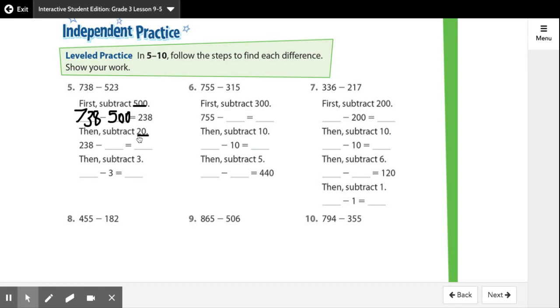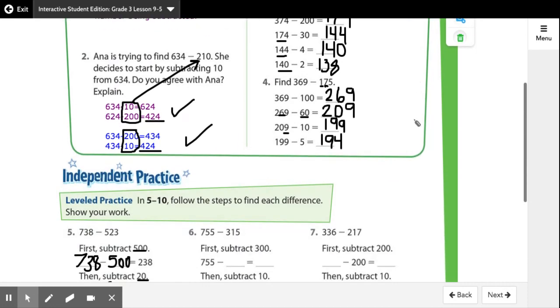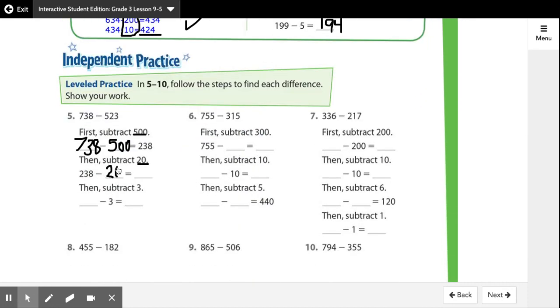Then they're saying subtract 20. Oh, I was supposed to write 20 there. Hang on. Minus 20 will give you 218. Okay. And then 218 minus 3 will give you 215.